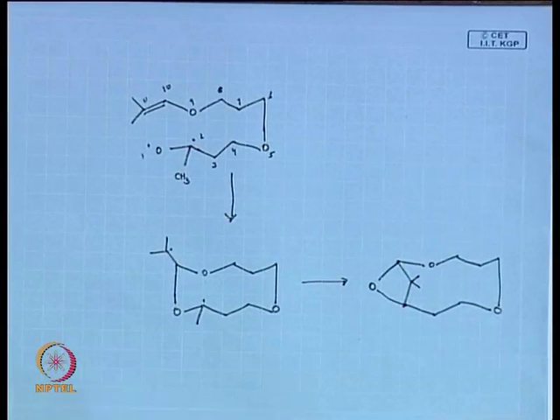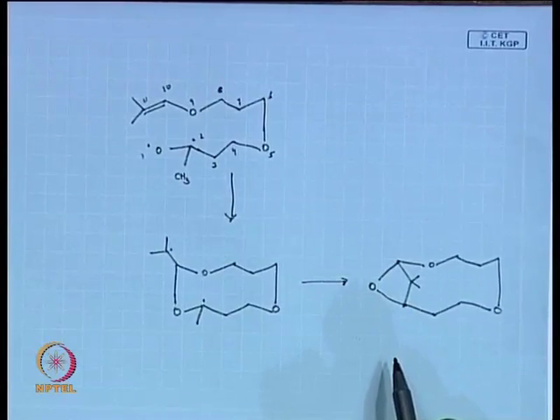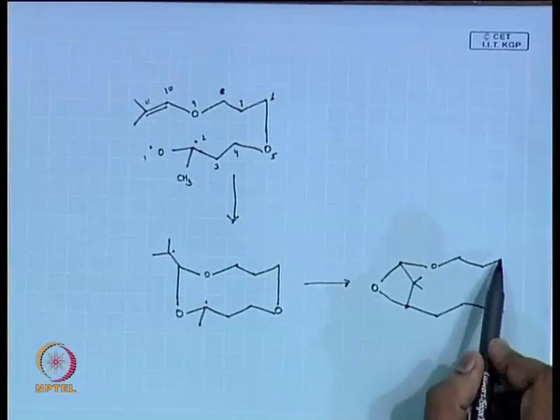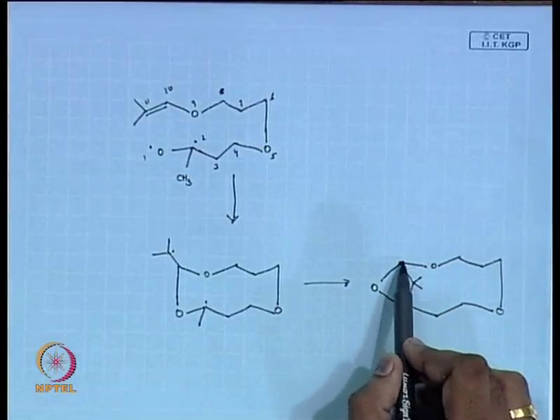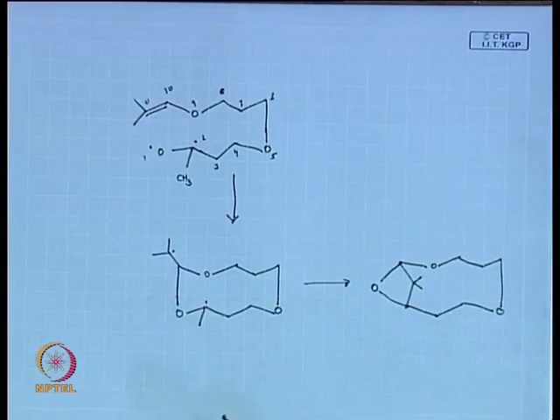So, I get a type of strained one. Okay. Now, what happens? Any idea? Can I isolate this product, this type of products? So, it is 1, 2, 3, 4, 5, 6, 7, 8, 9, 10. What happens?